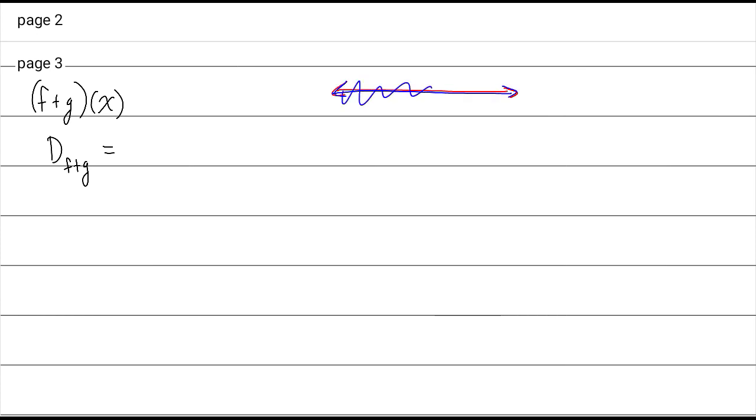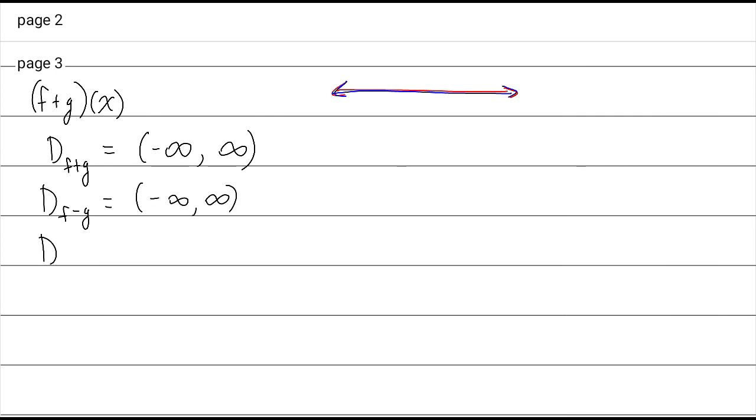They overlap each other everywhere, right? So my domain is negative infinity to positive infinity. All right, that's pretty much the case for all of them because it's the same thing, right? All of them, where did they overlap?